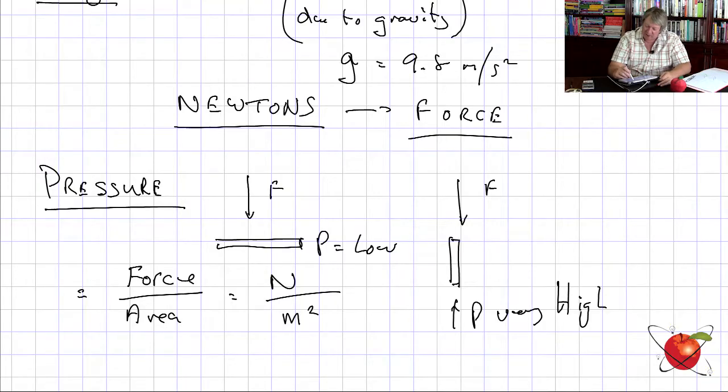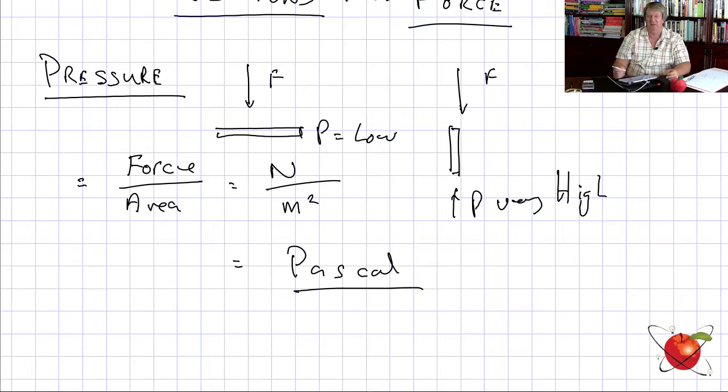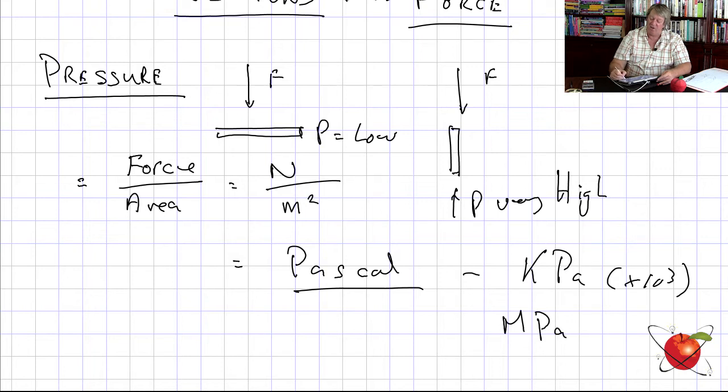Now what do we measure pressure in? It's got its own units. Yes, it is newtons per square meter, but it's actually measured in something called a Pascal, right? So 1 Newton per square meter is 1 Pascal. Normally pressures are measured in terms of kPa, kilopascal, which is times 10 to the 3, or thousands, or megapascal, which is times 10 to the 6, which is usually these are strengths of concrete and things like that.